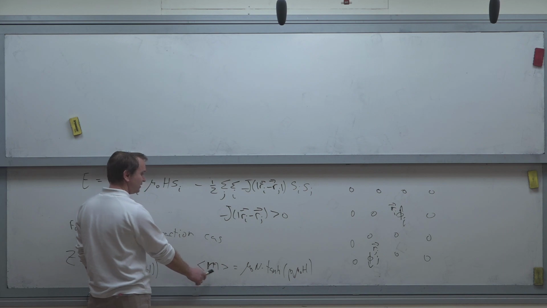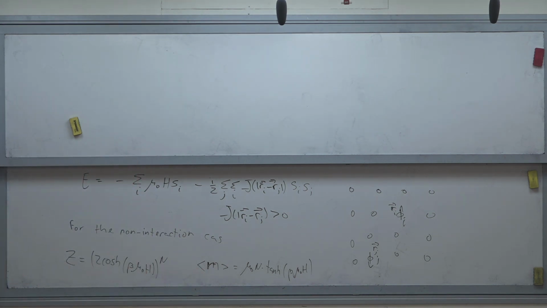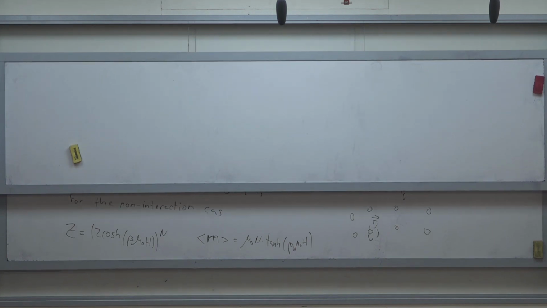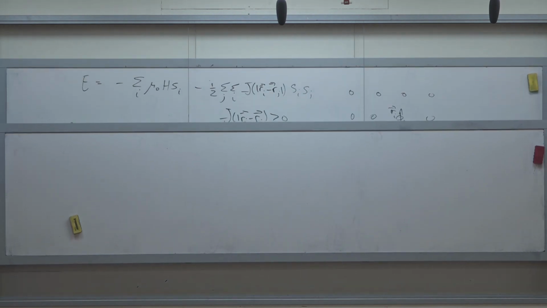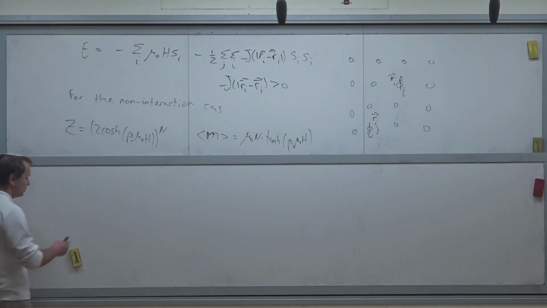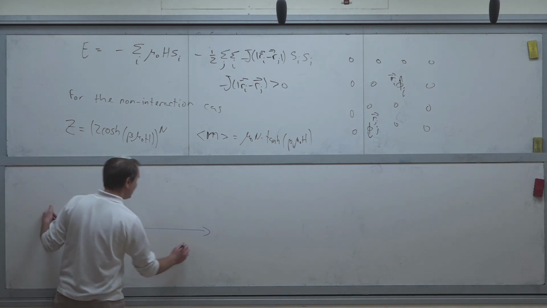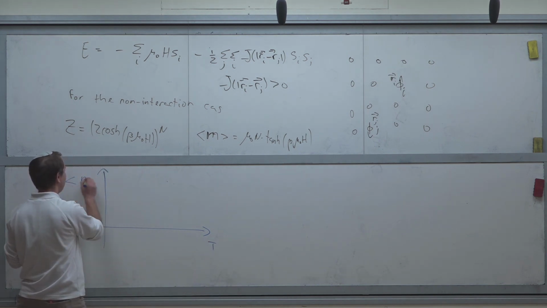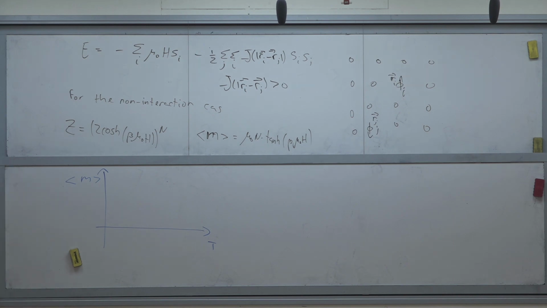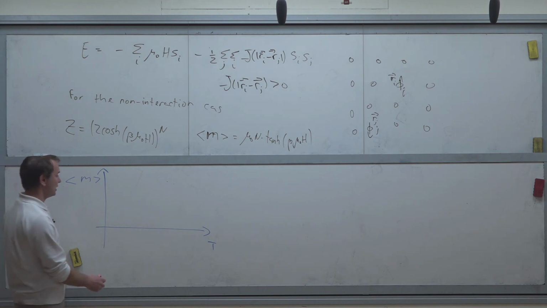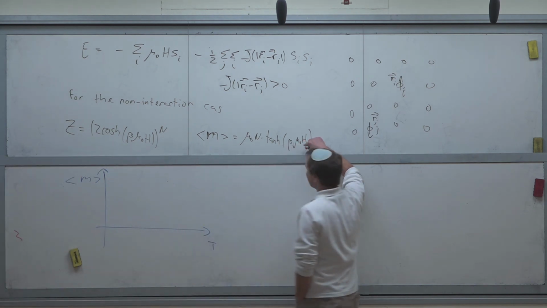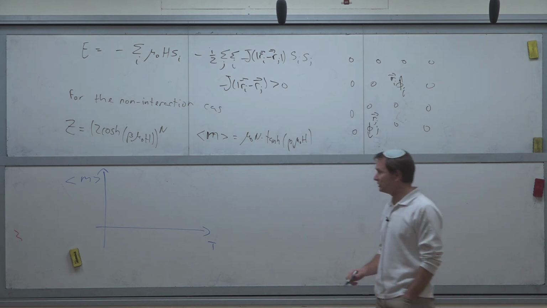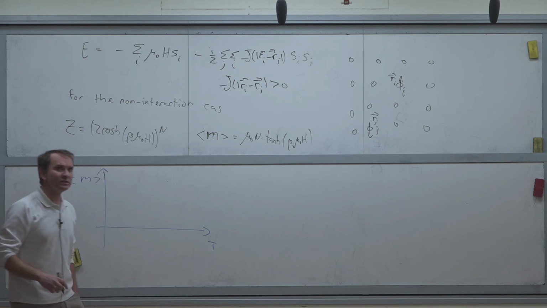Now when we look at this, our average magnetization, and plot it as a function of the temperature, we notice that for H equals 0, the case when there is no external field, the hyperbolic tangent of 0 is what?